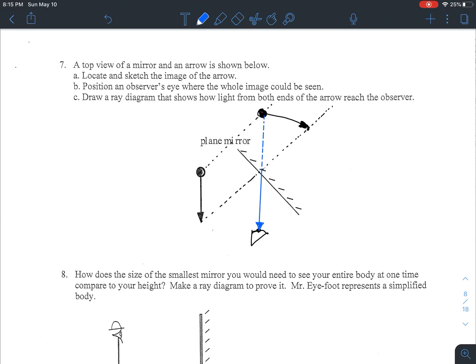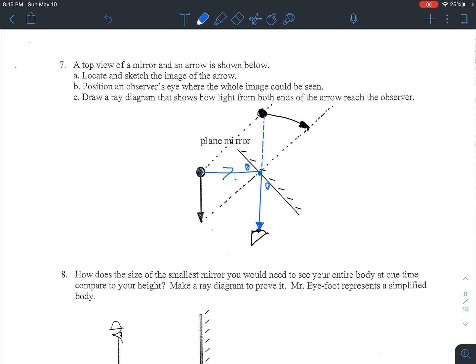Where that light is actually coming from is our image, our actual dot. So it's coming out here, bouncing off of here, and going to our eyeball. So that's one way to draw that light ray, keeping in mind that this angle here and this angle here are equal to each other.